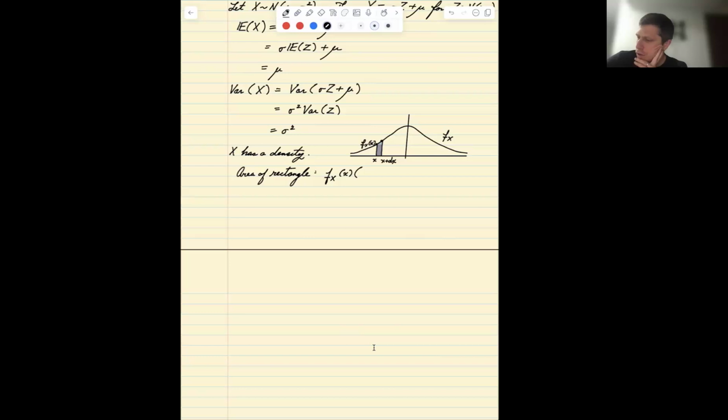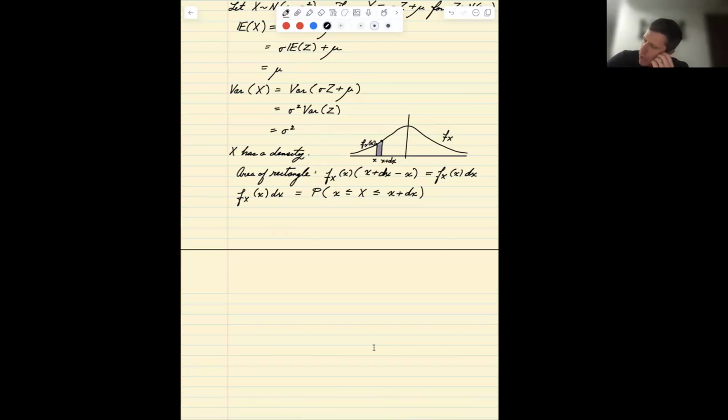So the area of that red rectangle is the height f of x times the base, which is x plus dx minus x, which is dx. So this is f of x dx. But we know that if we have small dx, this is a reasonable approximation to the probability that the random variable X is between x and x plus dx, because that's the area under the curve.